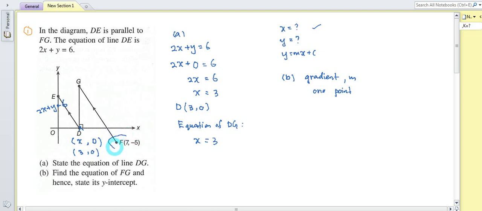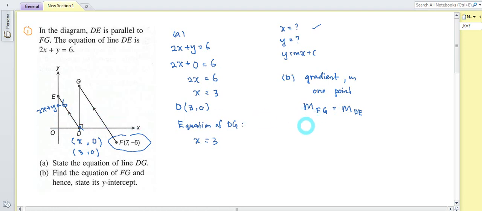Now you have the point F. You cannot use the point E, because the point that you use must fall on the straight line that you are looking for its equation. The question tells us that these two straight lines are parallel to each other. So we cannot get the gradient of FG because we have only 1 point. We can use the gradient of DE. It's the same thing because they are parallel to each other.